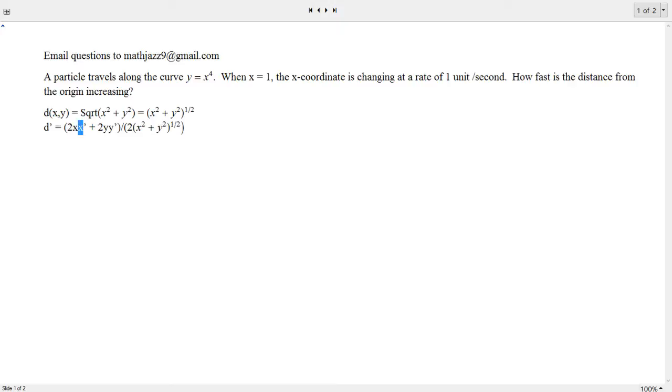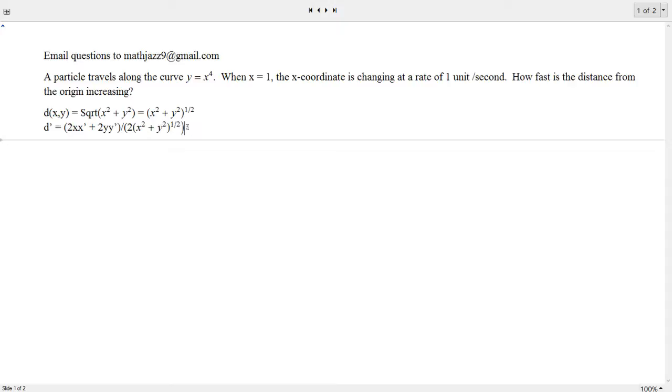So x prime represents how our left-right position is changing with respect to time. In a normal implicit differentiation problem, we wouldn't worry about this because we're not worrying about where something is on the plane at any given point in time. We're just looking at slopes of lines at static curves. So that's why we have to worry about x primes when we're doing this related rate problem.